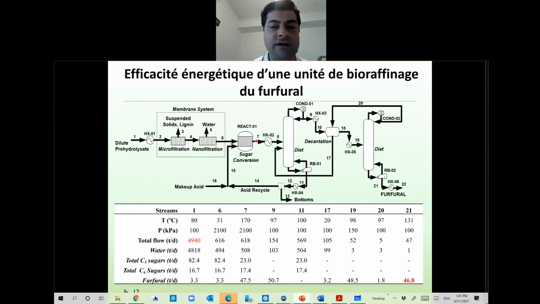Then you have a reactor where you have the conversion of sugars, and another heat exchanger here, then two distillation towers. Eventually you make furfural. In this process you produce almost 47 ton per day of furfural from a total inlet stream of almost 5,000 ton.